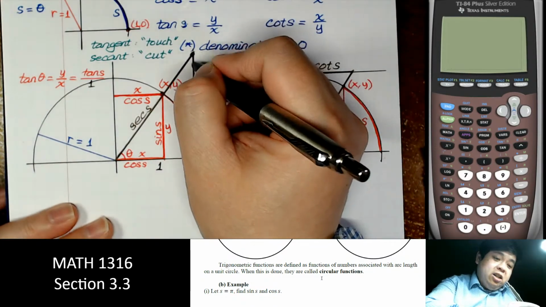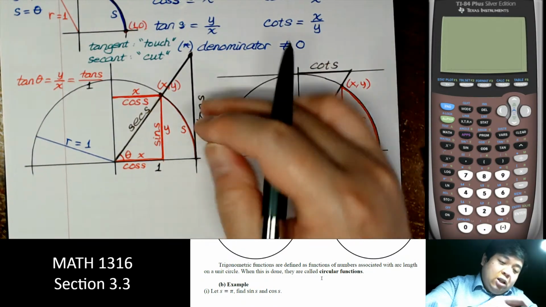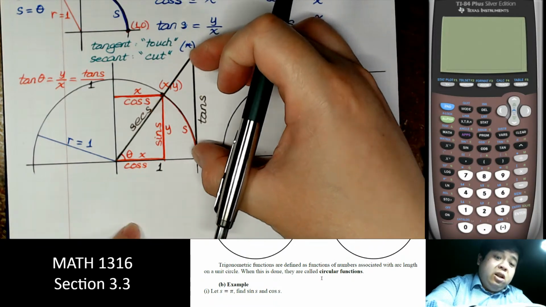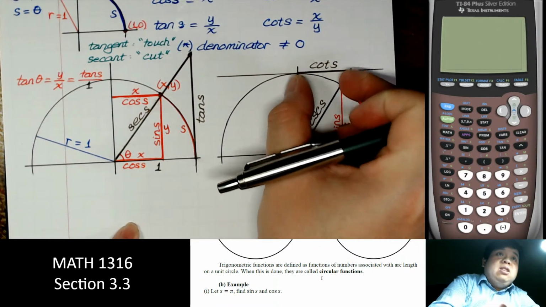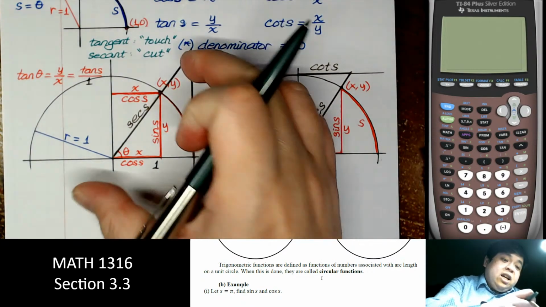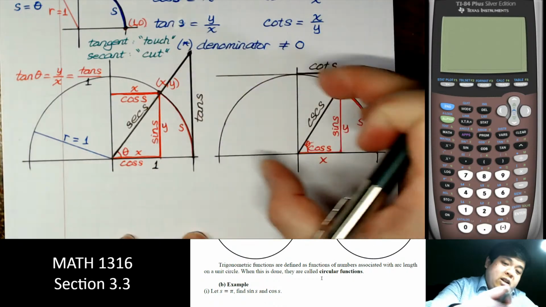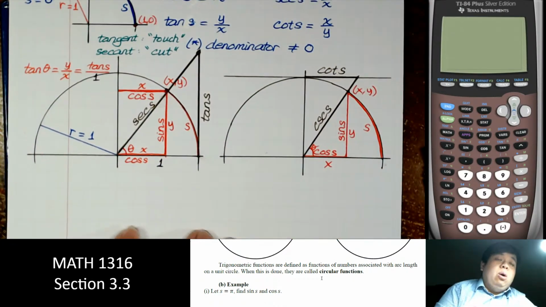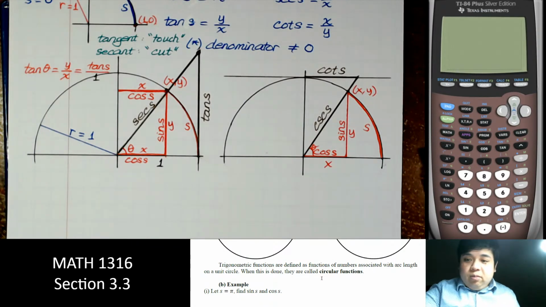Tangent, meaning touching at the x-axis, gives us tangent, touching the y-axis gives us cotangent. And secant means cut into the center, secant and cosecant respectively. Right, that's what we have.